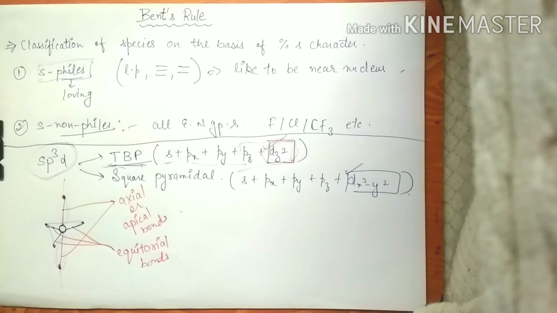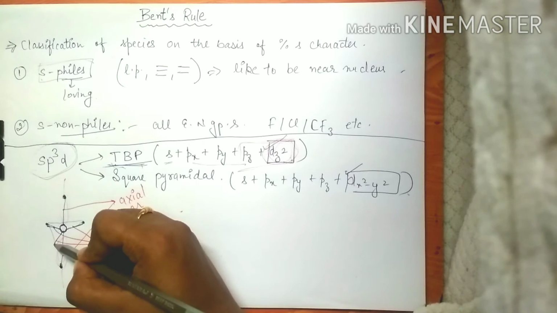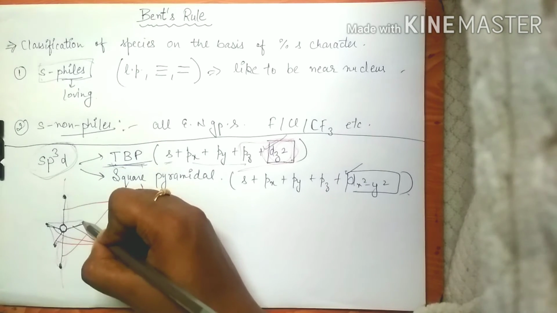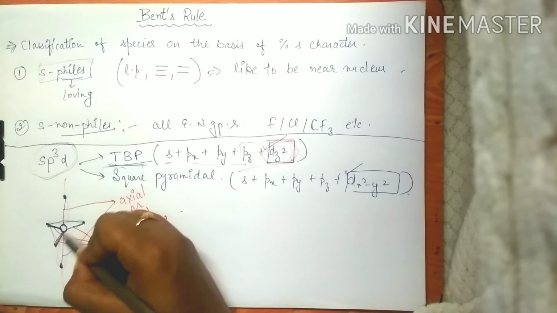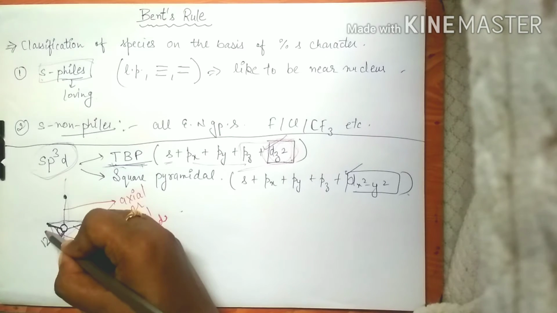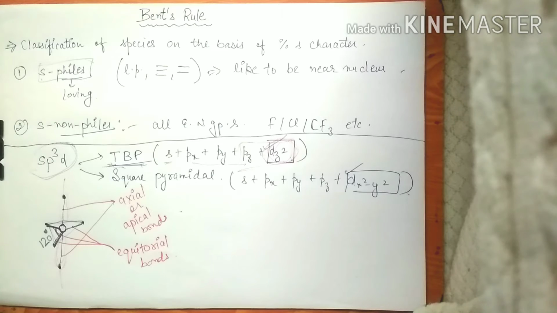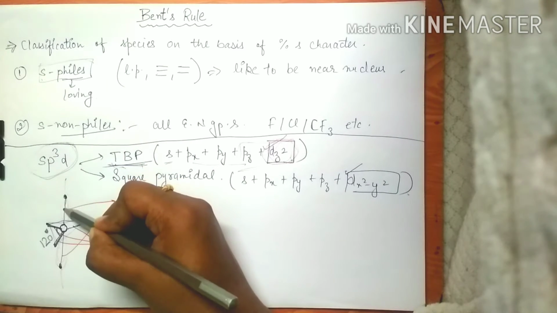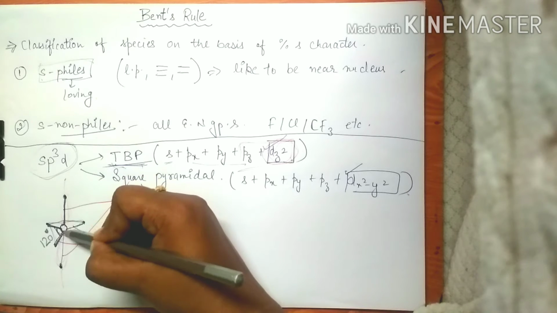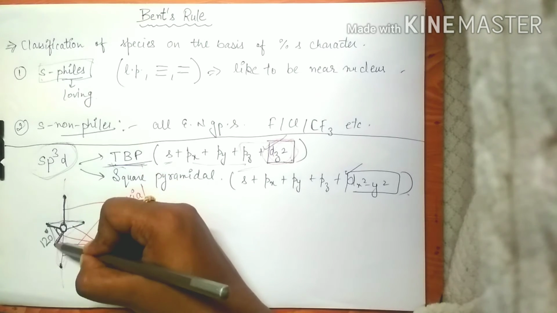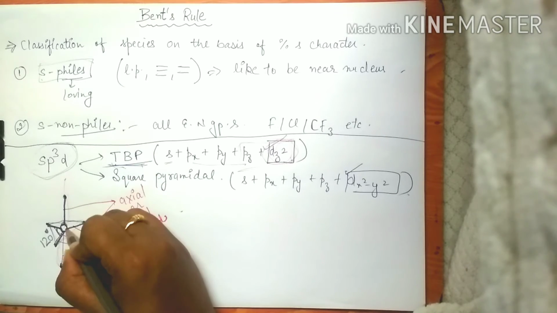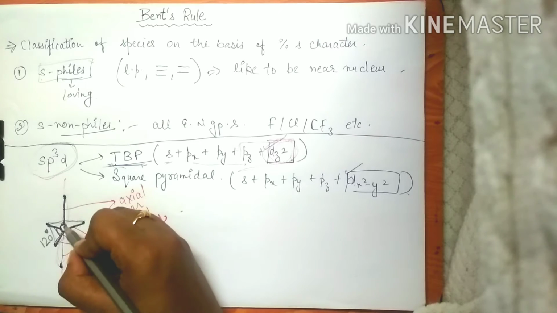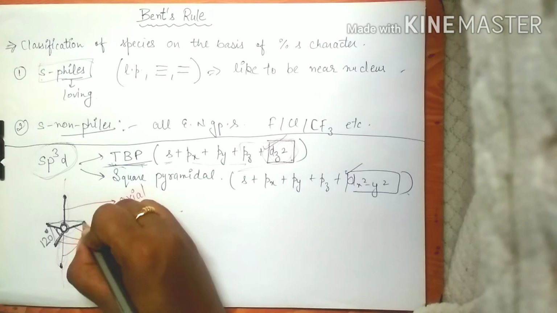If we look at the angles between these bonds, these are the three atoms which are present in the same plane.